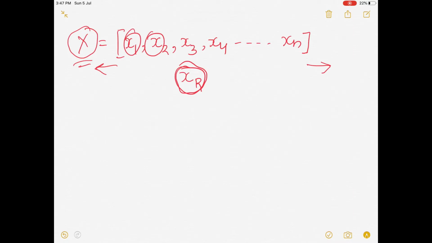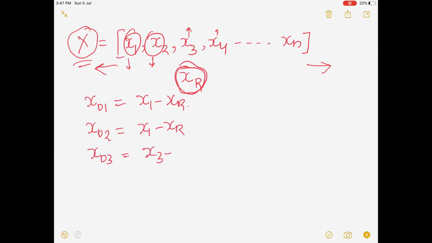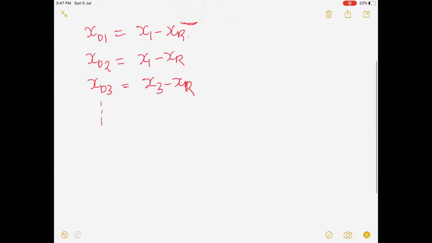So we have to calculate the mean deviation of this data set about this point. The first step is to calculate the deviation of each data point. Let's call it xd1 equals x1 minus xr. At the same time, xd2 equals x2 minus xr, xd3 equals x3 minus xr, and xdn equals xn minus xr.